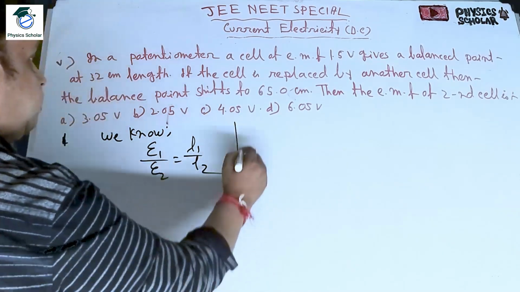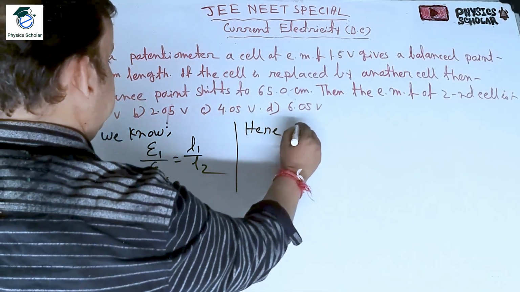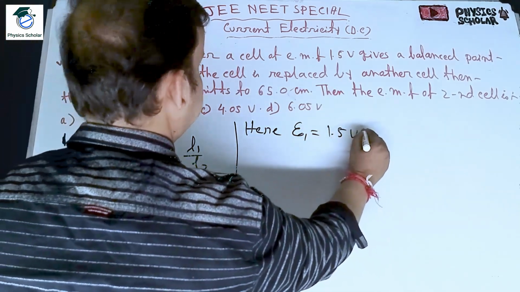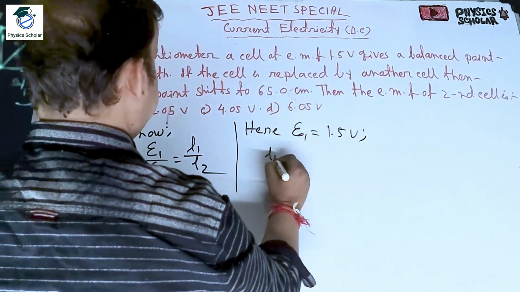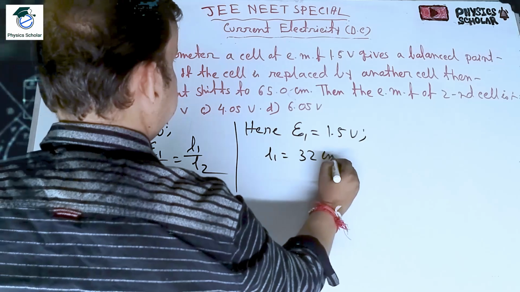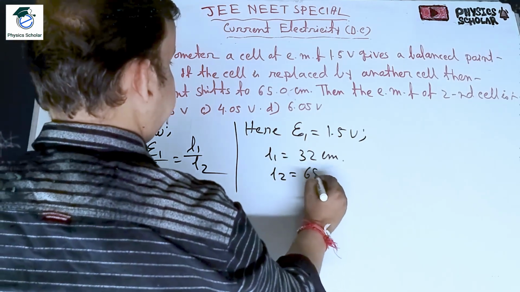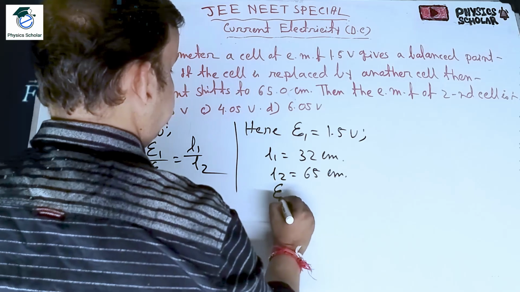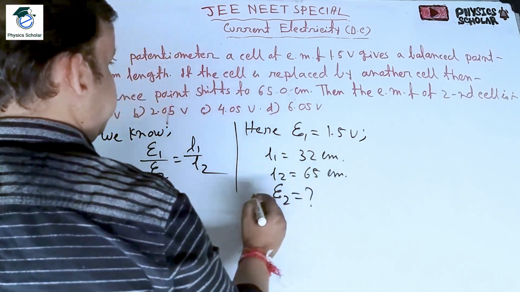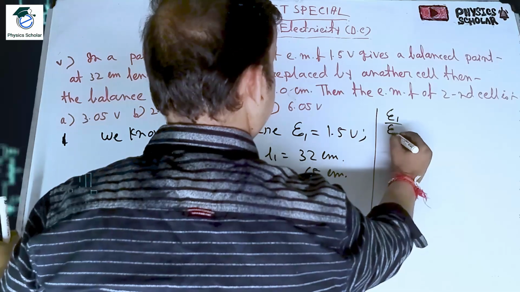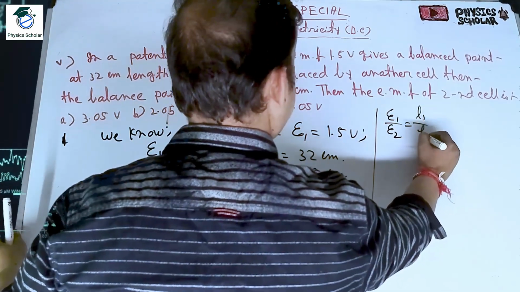Here epsilon 1 is given as 1.5 volt. Clear? L1 is given as 32 centimeter. L2 is given as 65 centimeter. We have to find out epsilon 2. Now it's very easy. So epsilon 1 by epsilon 2 is equal to L1 by L2.